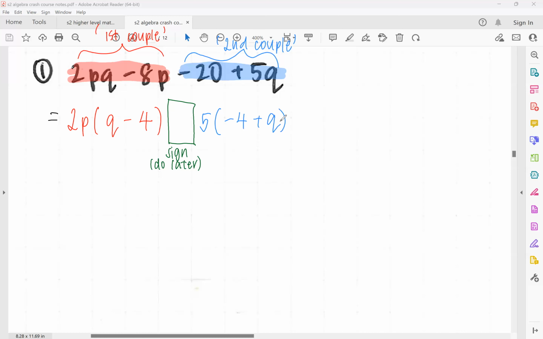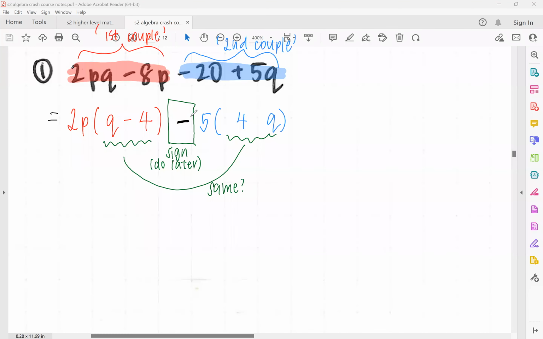Okay. Now, listen very, very carefully, everybody. Why I say the sign later? Because a lot of students always get confused with the sign. Now, the sign, do it later because the key thing is I want to make sure that these two here are the same. Clear so far? For example, let's say just now Hui Xian said take out the -5, let's say lah, okay? Remember she said take out -5, correct?